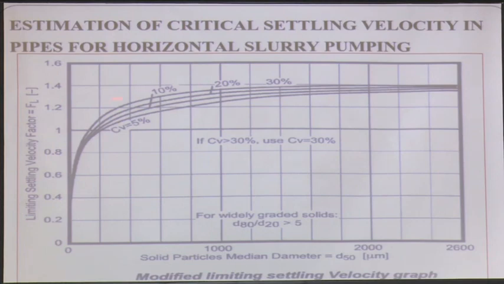So, 30 is the most critical one, 30% solids volume by volume. If it is 40, it is better. Then you have to come back to the 20% solids volume line and find out the FL. So 30% is the most crucial one for the pumping, volume by volume transportation.